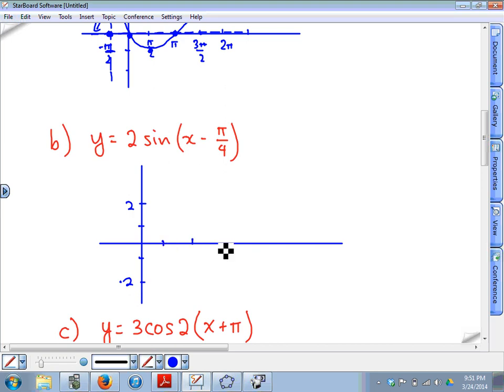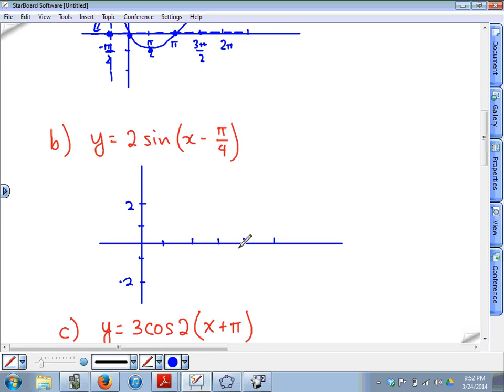Now, this right here, x minus pi over 4, because there's nothing in front of the parenthesis, nor is there anything in front of x directly inside the parenthesis, this is the actual phase shift, and since it's x minus pi fourths, it's moving to the right by a factor of pi fourths.